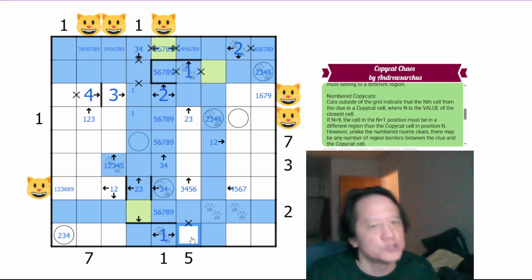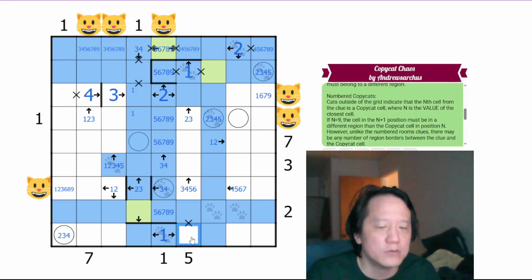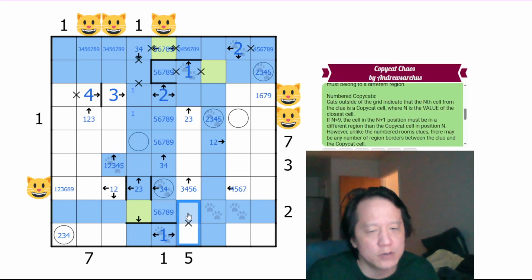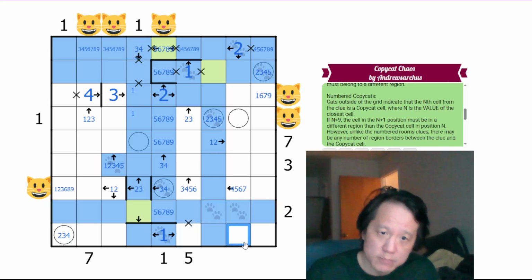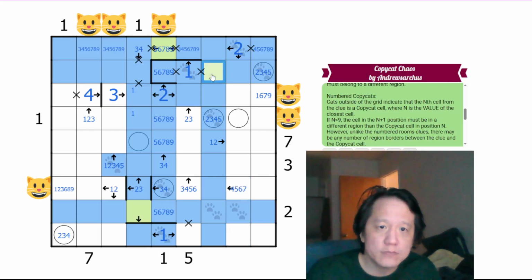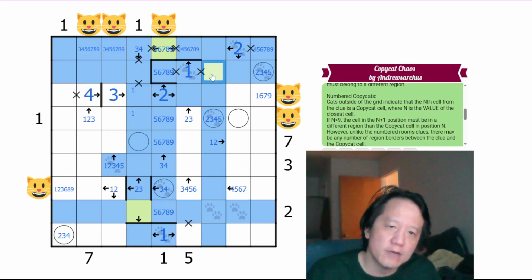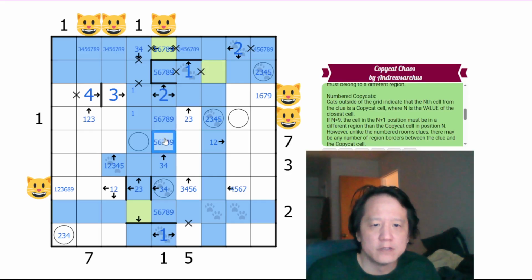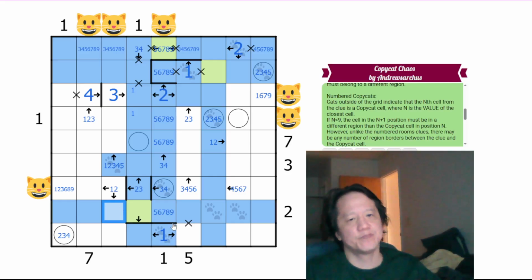We could have a 2 here. We don't know. But if it is copycatting, it's copycatting a 3 or 4. This is copycatting what? Diagonally from here is this cell.